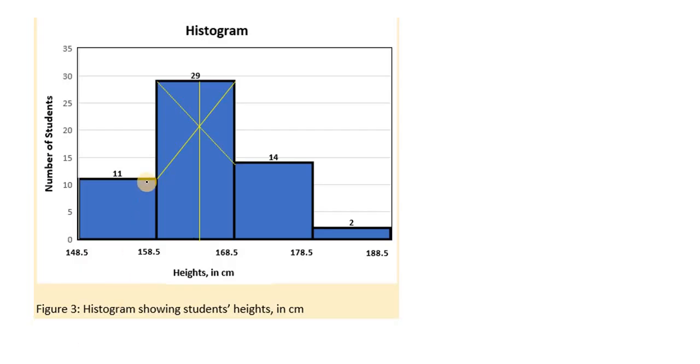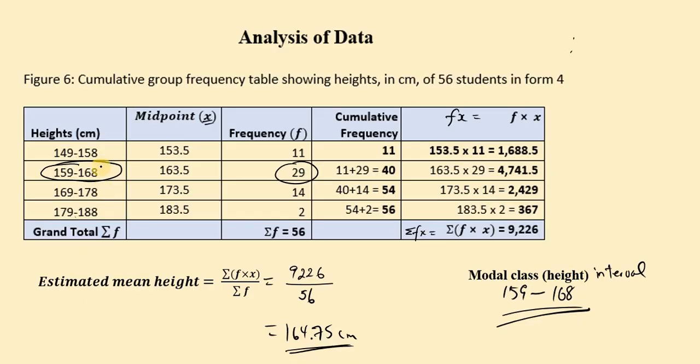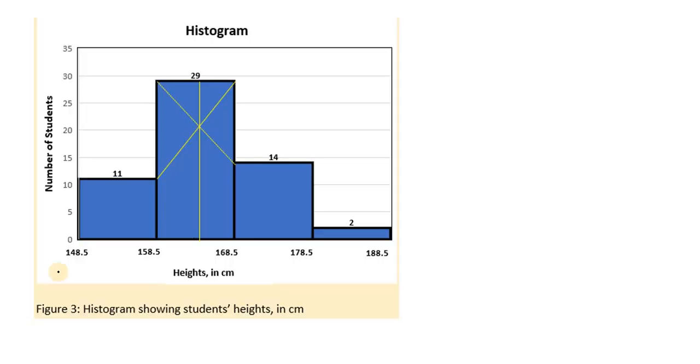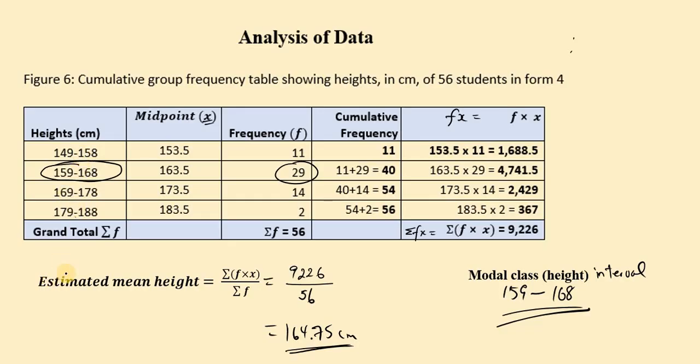Now, if we look at this histogram, it was created using the upper boundaries in particular. And how do we get the upper boundaries?